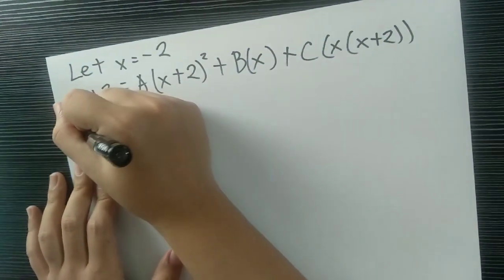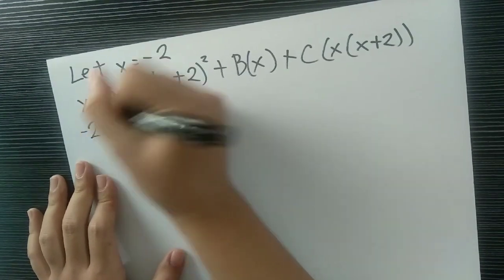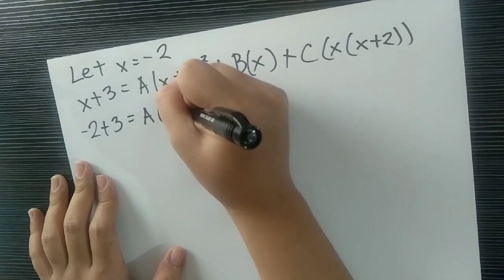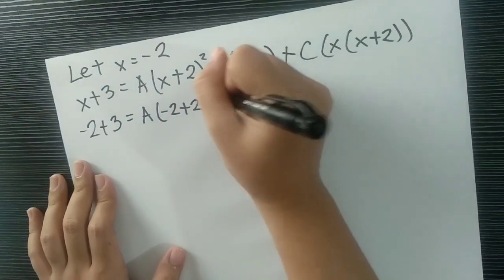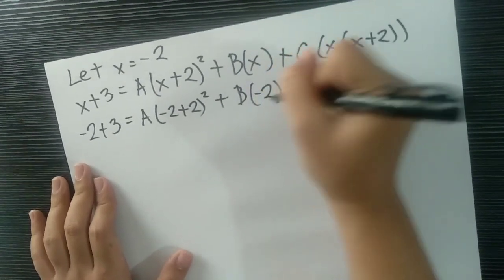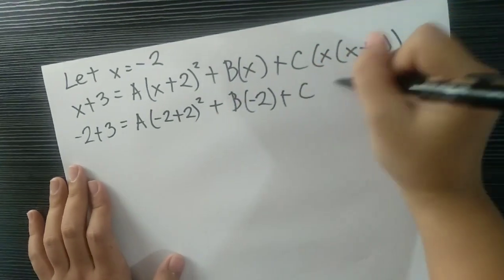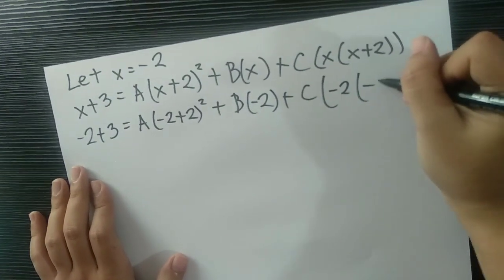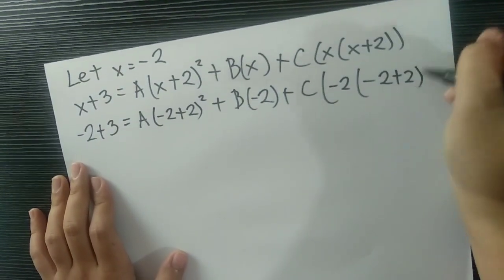Next, substitution. We have negative 2 + 3 equals A times (negative 2 + 2) squared plus B times negative 2 plus C times negative 2 times (negative 2 + 2).